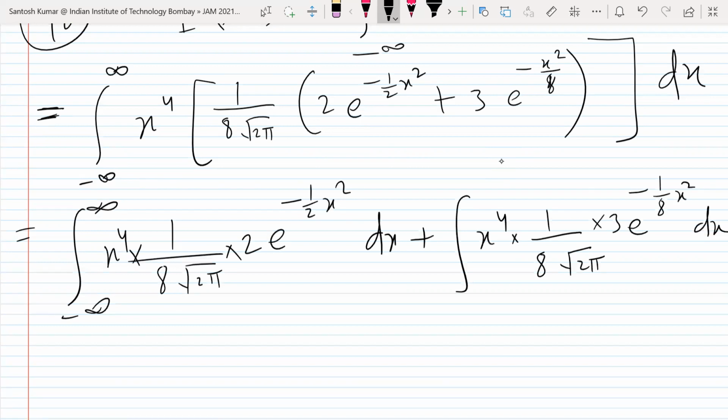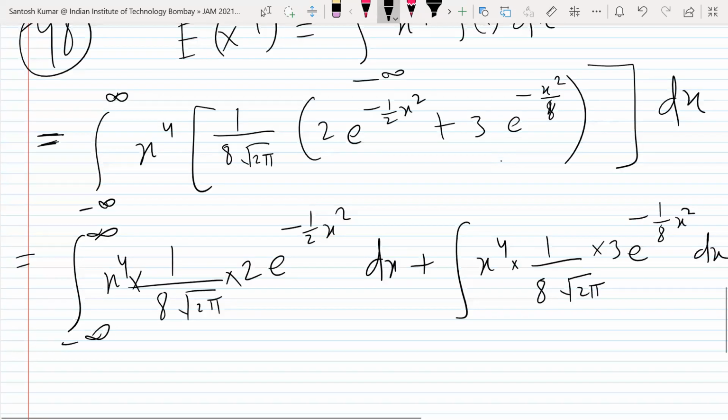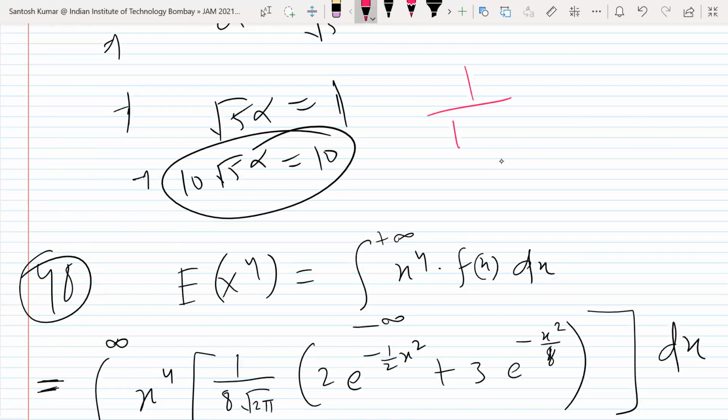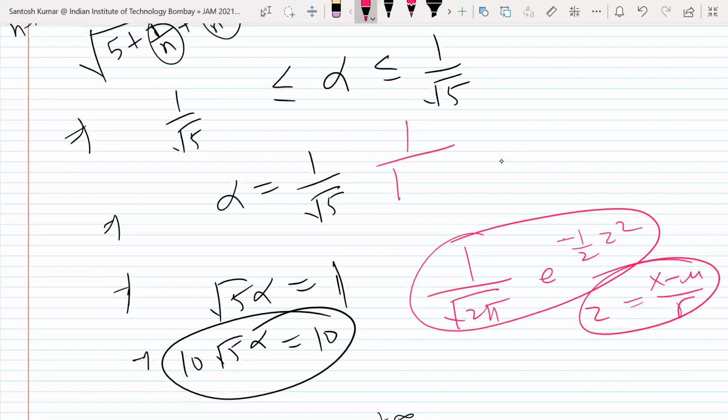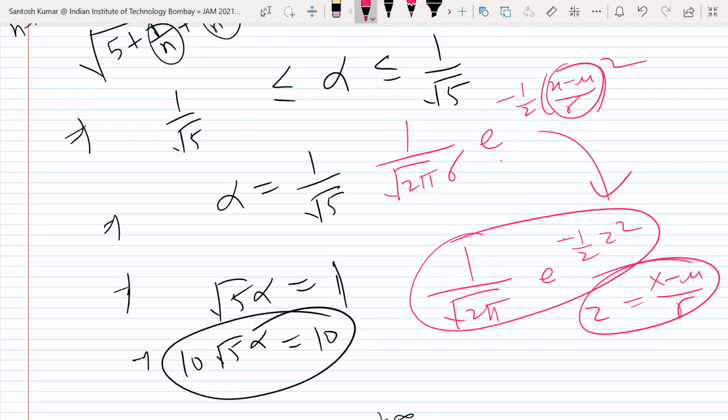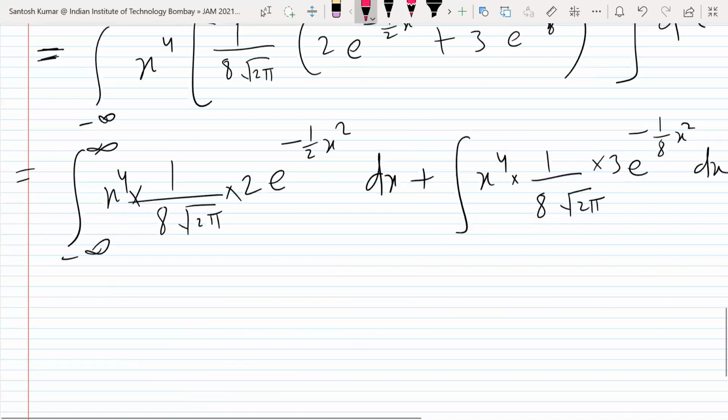And you know the PDF of the standard normal is 1 by root 2 pi e raised to power minus half z square, where z is (x minus mu) upon sigma. So I will try to convert into this. In general, the normal has PDF 1 by root 2 pi sigma e raised to power minus half ((x minus mu) by sigma) whole square. If we replace it by z, it converts into this form in integrals.